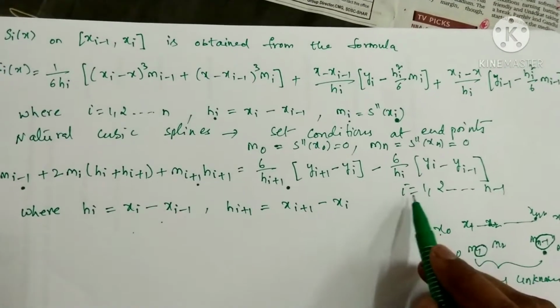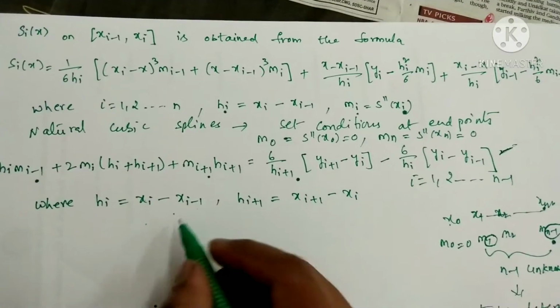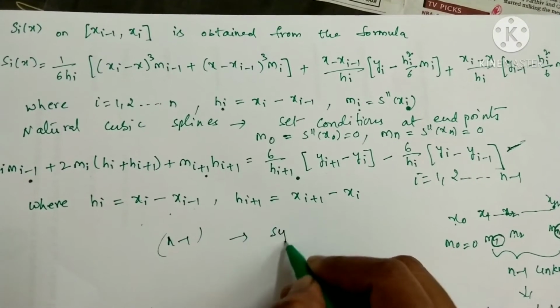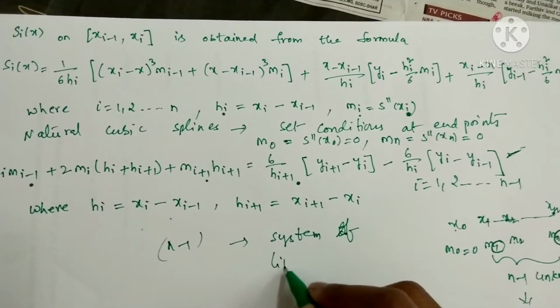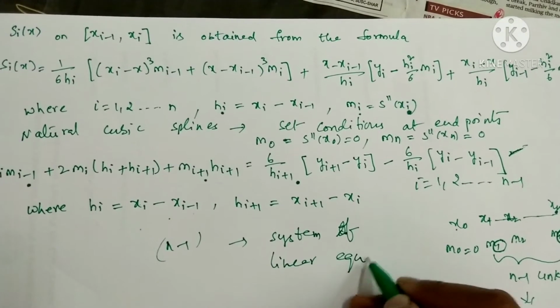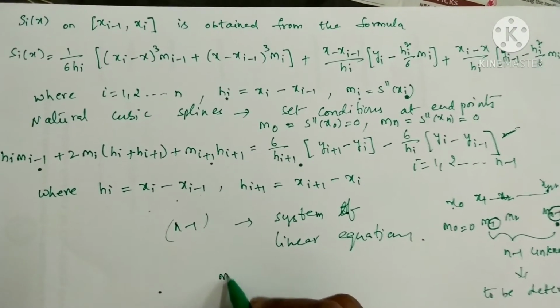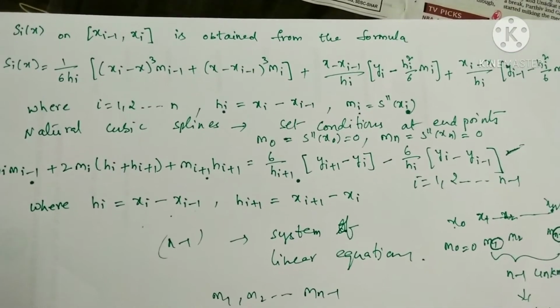Now by giving these i values in this formula, we can generate n minus 1 system of linear equations. This can be solved for M1, M2 and so on M(n-1).